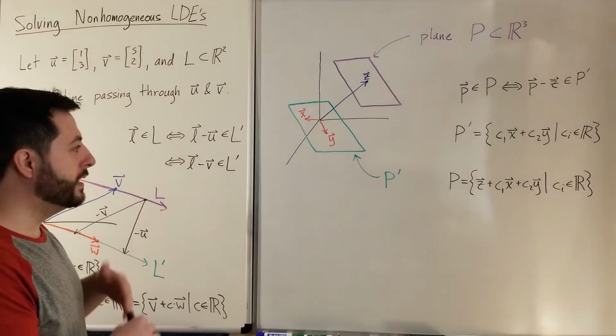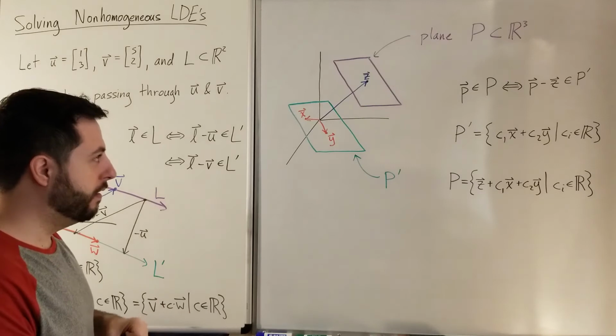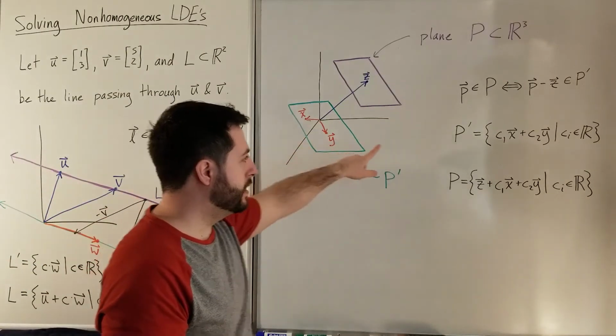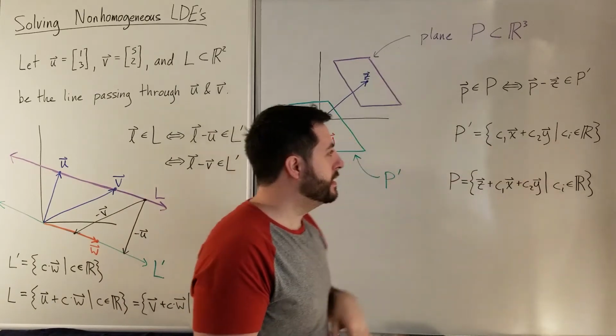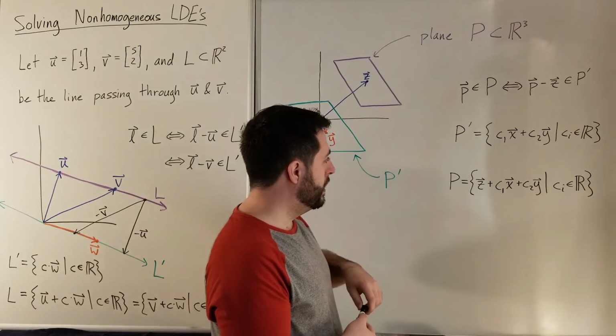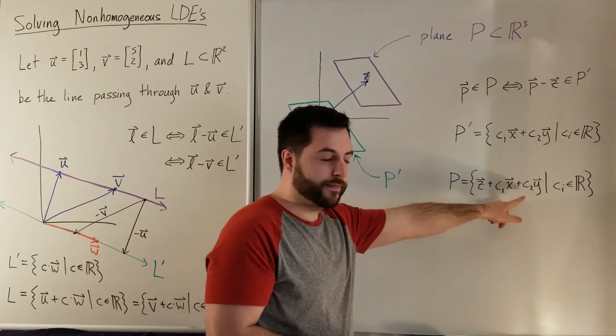Okay? Well, we can describe the vectors in p prime by saying that they are all linear combinations of x and y. So p prime is just the set of linear combinations of x and y, and therefore P is just z plus those linear combinations.